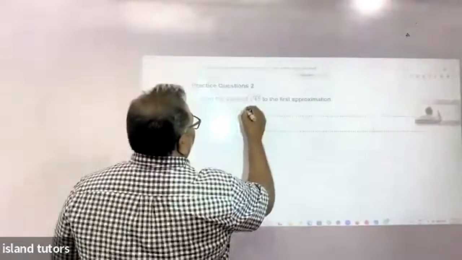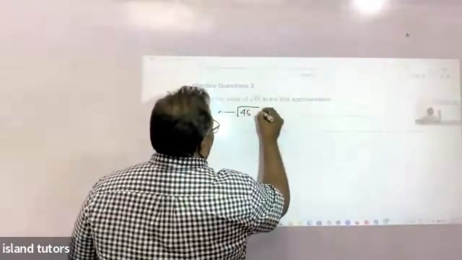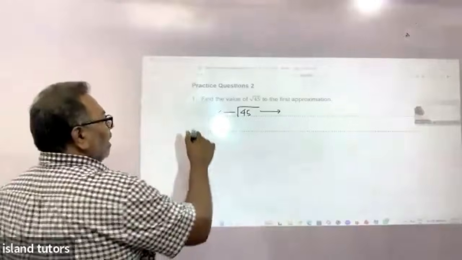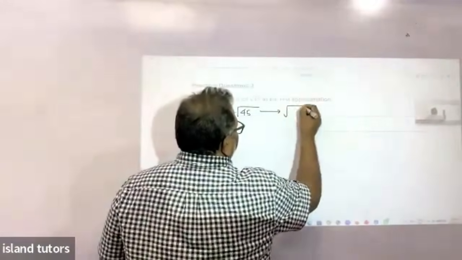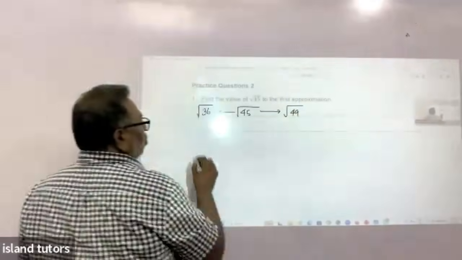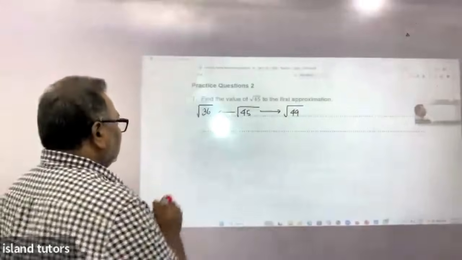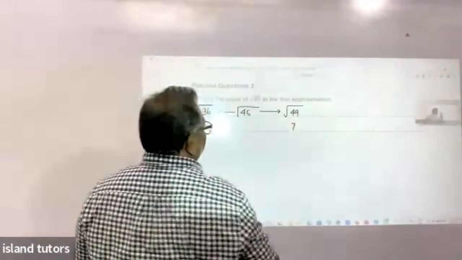So first and foremost, you write down the perfect squares on either side. On this side of 45 is 36 and on this side you have 49. So you know square root of 36 is 6 and square root of 49 is 7.